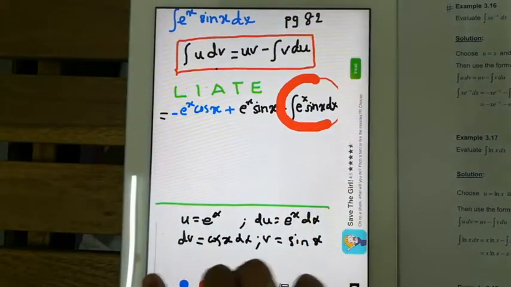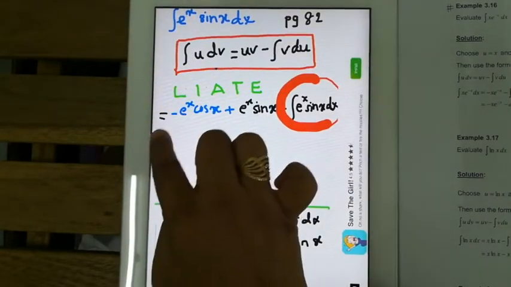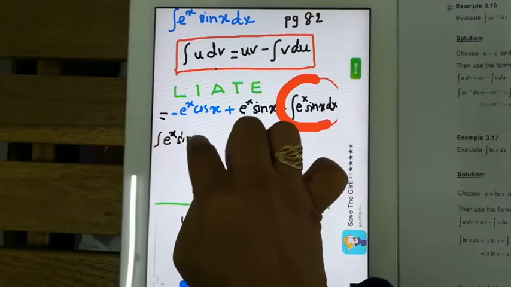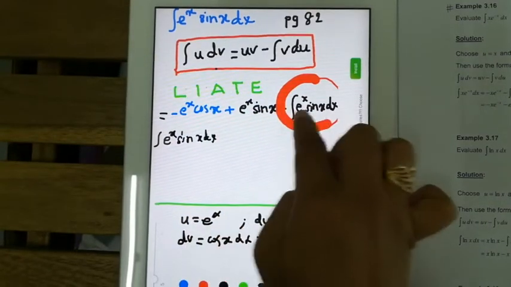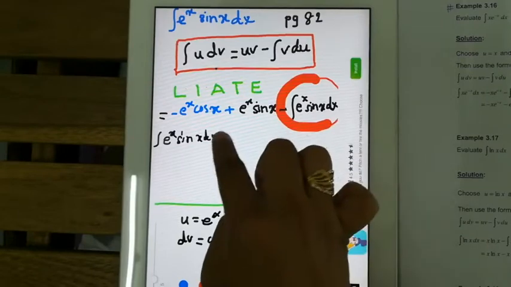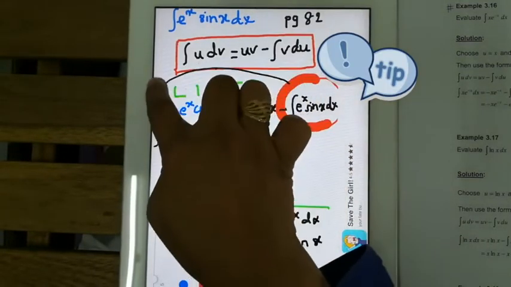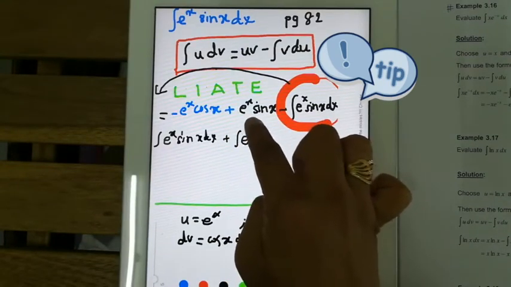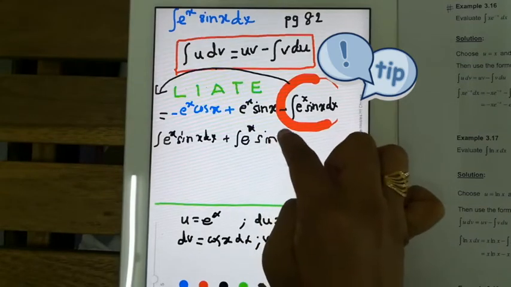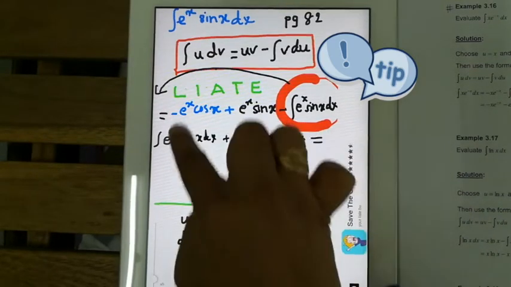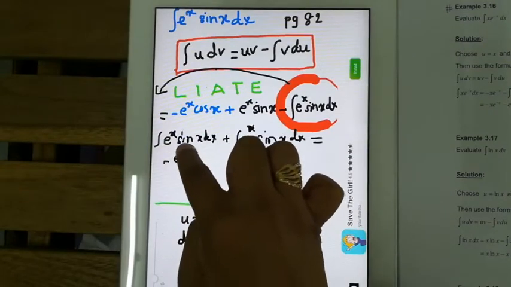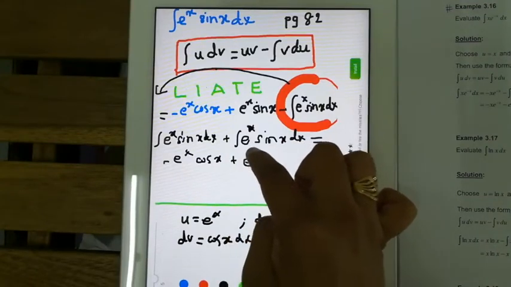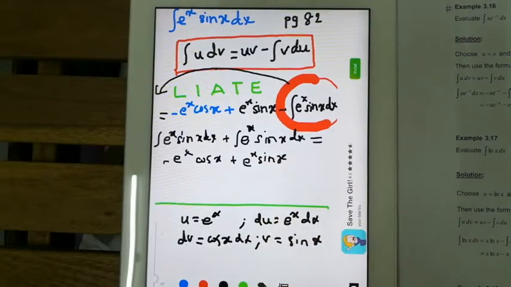So this is the original question, e^x sine x dx. This is negative, right? Just now this is negative, so when you bring it down here, you'll get positive. So e^x sine x dx equals your answer here, negative e^x cos x plus e^x sine x.